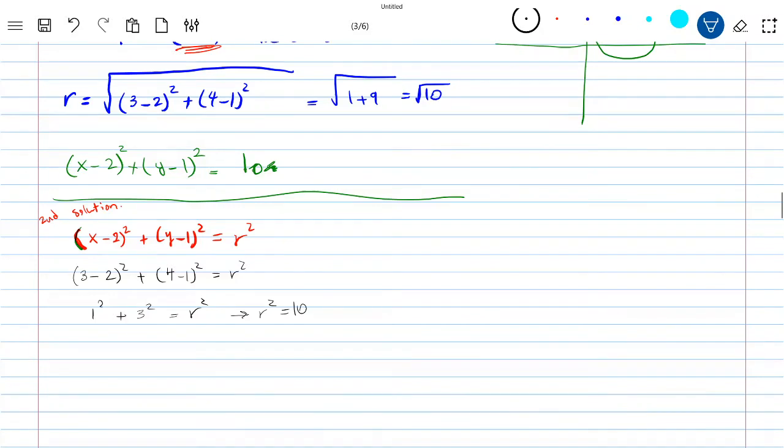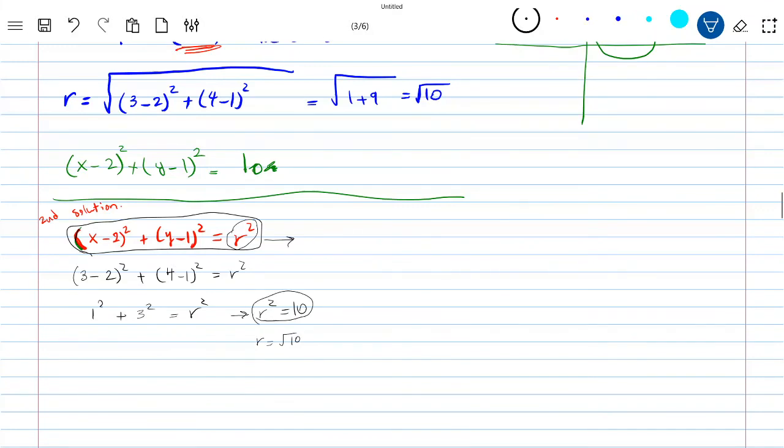Do I need to figure out what r is? Not really. You can simply say, okay, r is equal to square root of 10. You don't necessarily need to find the radius unless they ask you. So what is my equation? I just needed to find r squared, and I already found that r squared equals 10.